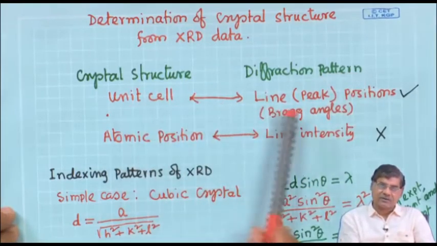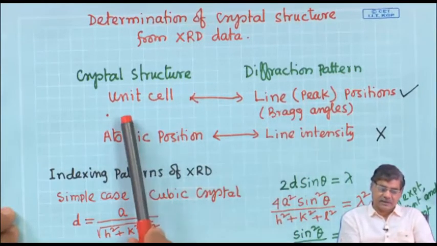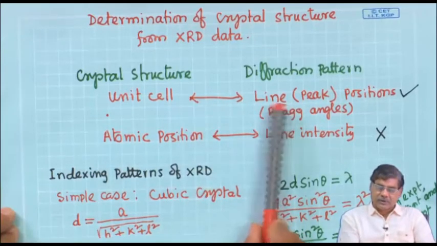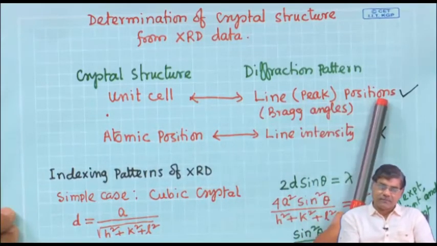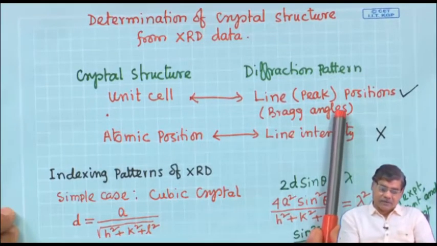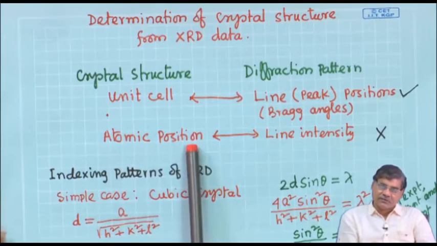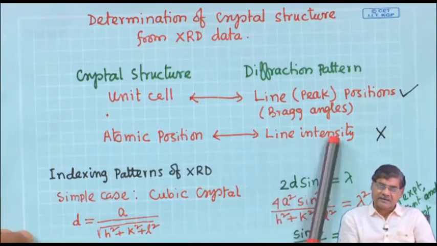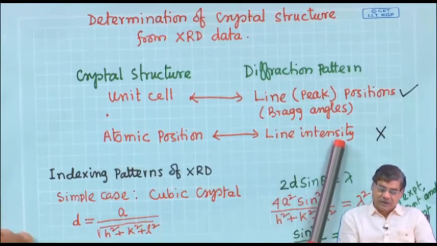The relation between these two is that the unit cell corresponds to line or peak position, which is basically the Bragg angle, and the atomic positions in the unit cell correspond to line intensity or peak intensity.